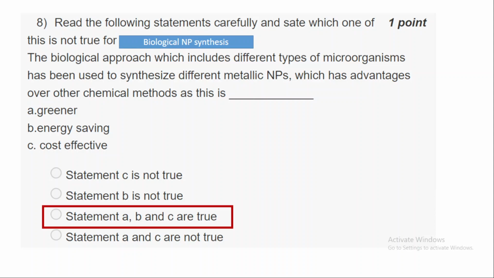It's option C. So biological nanoparticle synthesis is the most recent and newest form, which is looking towards a greener future and is also energy saving, closer to the natural methods, and very cost effective also because we already have biological moieties doing it on a regular basis. We just have to employ them in a correct workflow and design to synthesize the desired nanomaterial.